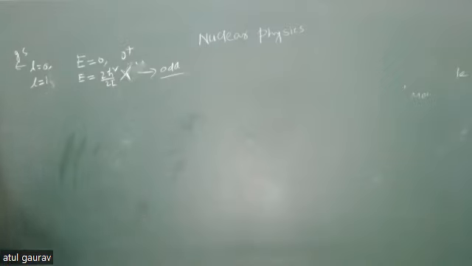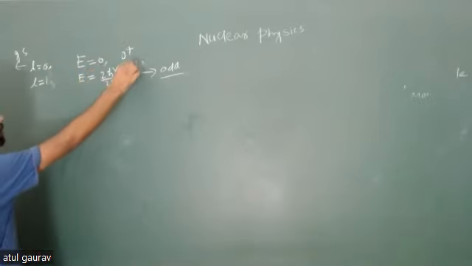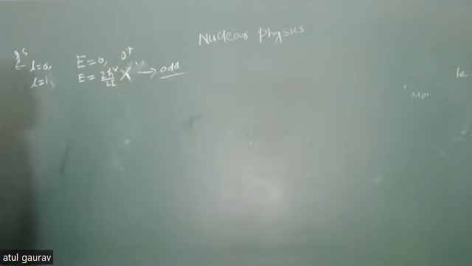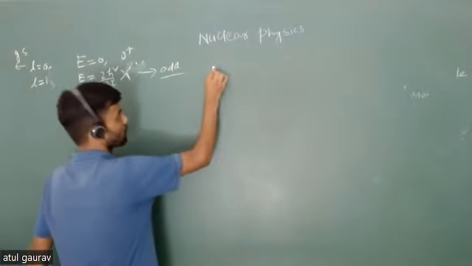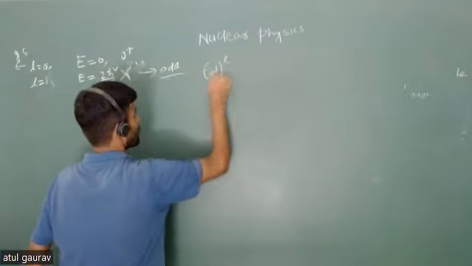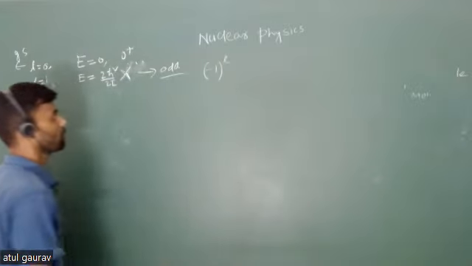So first the ground state: the energy will be 0, and that ground state corresponds to 0 plus. Then L equals 1 gives odd parity, so that state does not exist. How do we say it is odd parity? Very simple: minus 1 to the power L, and here L is 1, so obviously the parity will be odd.